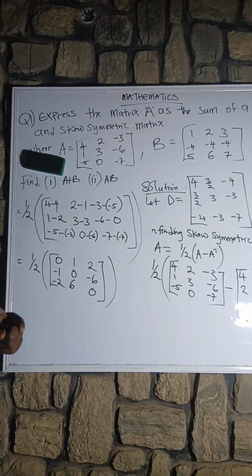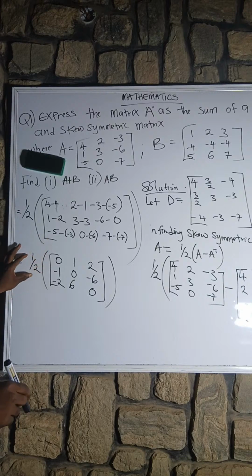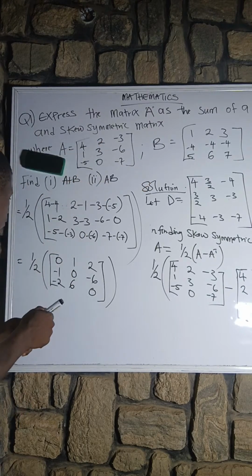Now we are going to be multiplying all through by 1 over 2 like we did previously.